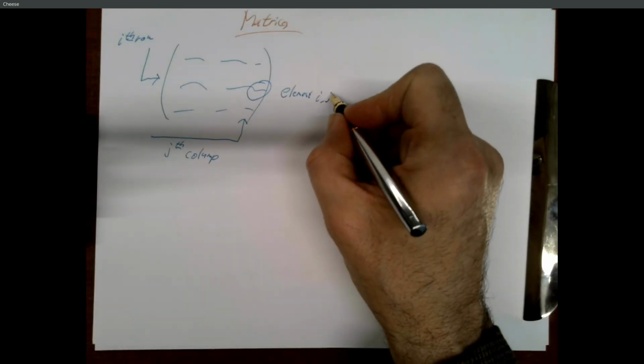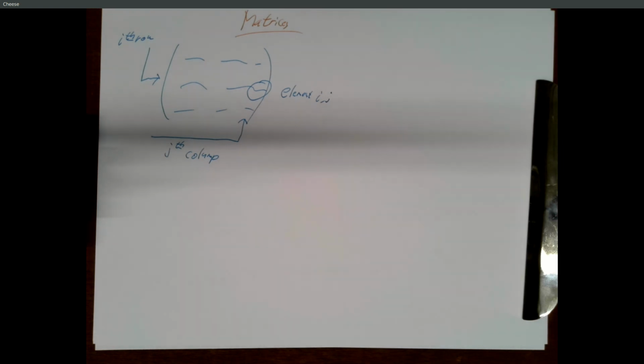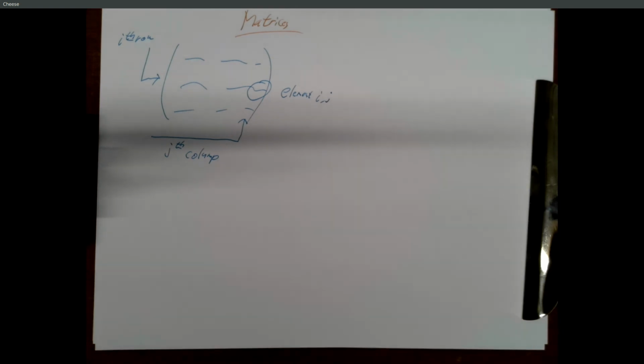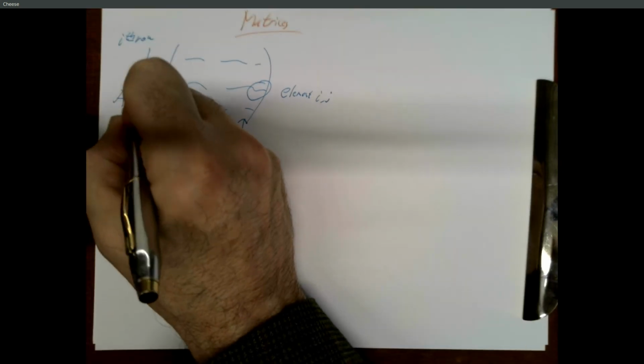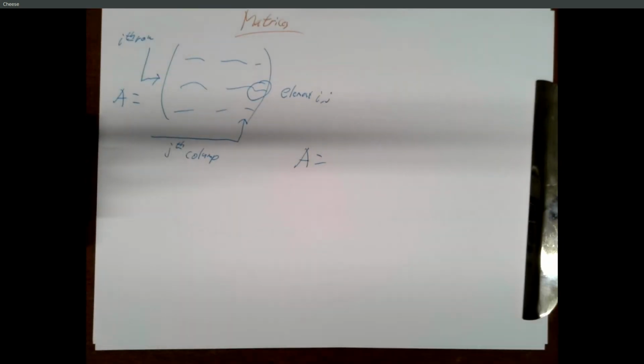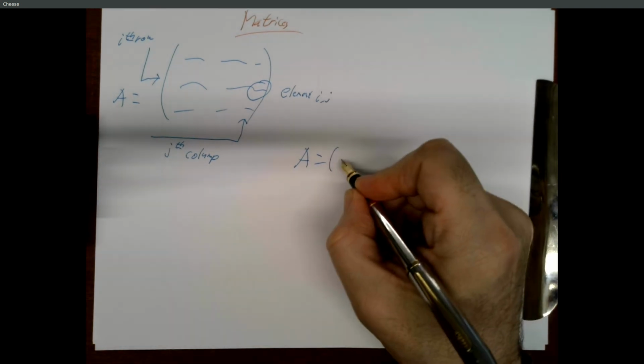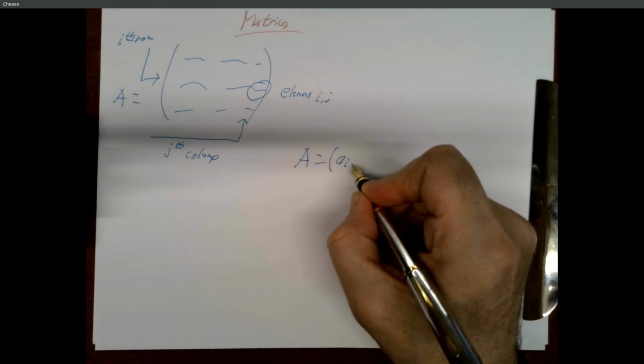And I've always thought of i as moving down. The first index moves down and the second one moves across. And it's partially from early exposure to Fortran. But it's a fairly standard convention. And so if this is our matrix A, we can think of it as a collection of elements a_ij.